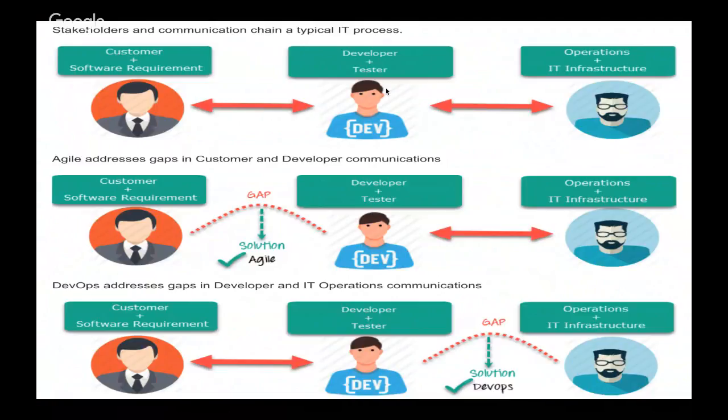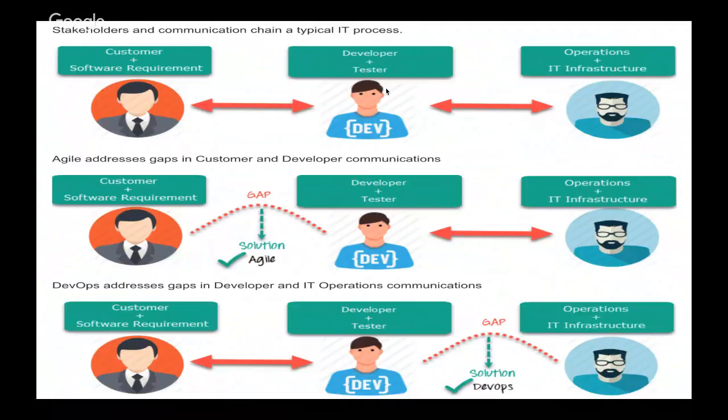In Agile methodologies, Agile addresses the gap in customer and developer communication. So when it comes to Agile, there is no communication gap. The communication gap between customer and developer is resolved, and there is a greater bonding between customer, software requirement, developer and tester. They seem to be more unified and seamless.